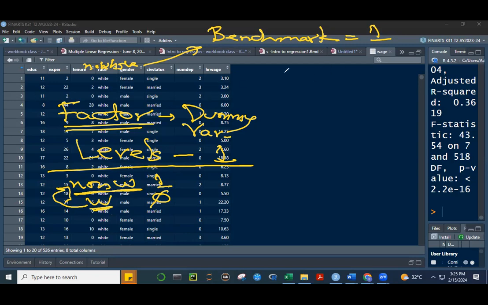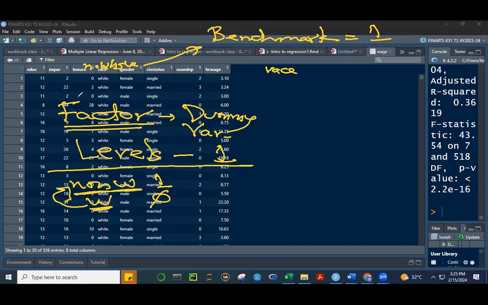So let's do this. With race, class, what happens here? We will dummify race. We said the benchmark is the level that appears first, which is non-white.